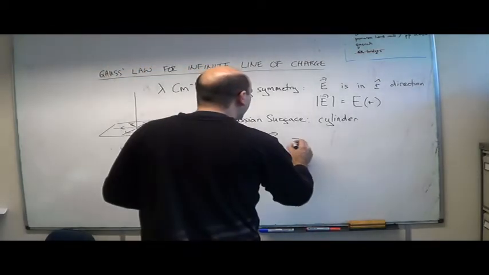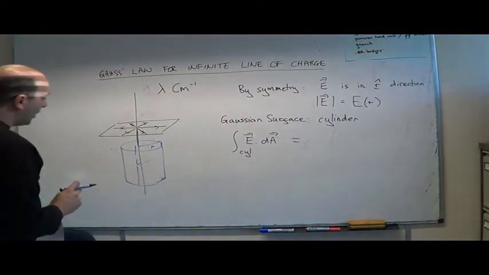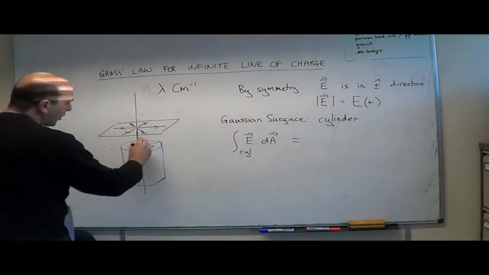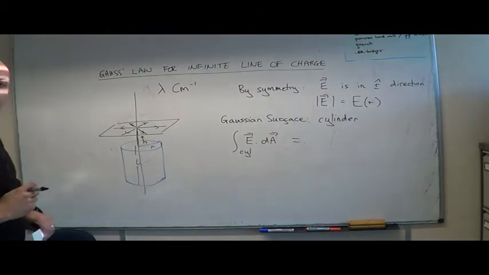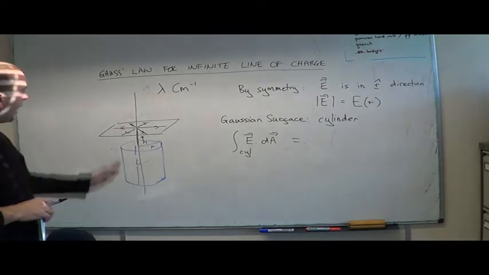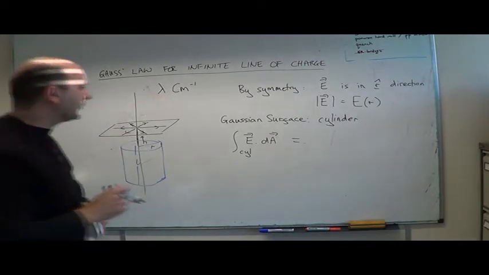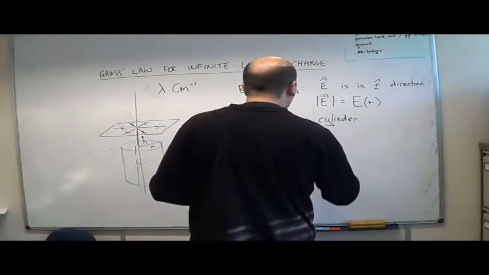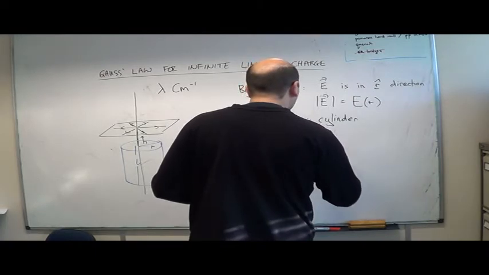So let's see why this was a good choice of Gaussian surface. Well, first of all, if I think about the top and the bottom area elements, their vector is pointed upwards or on the bottom downwards, and that's perpendicular to the electric field. So the dot product is 0 for the top and the bottom.